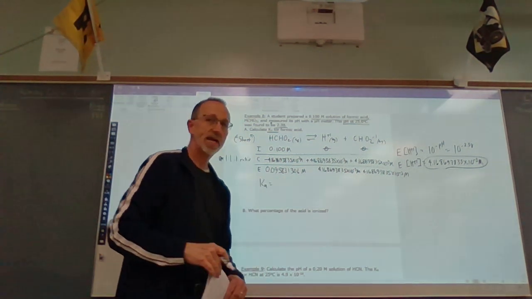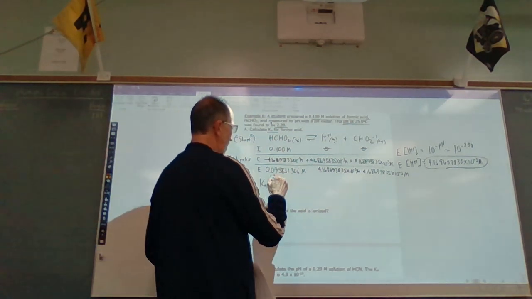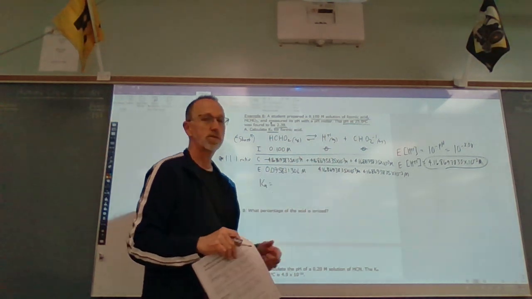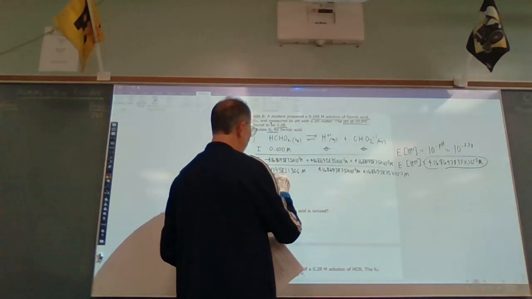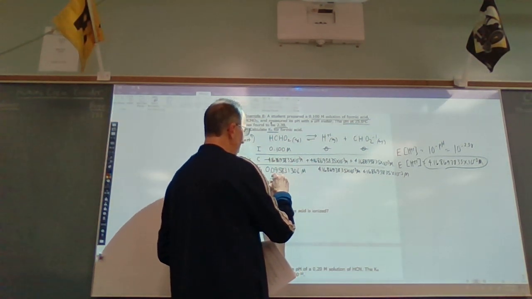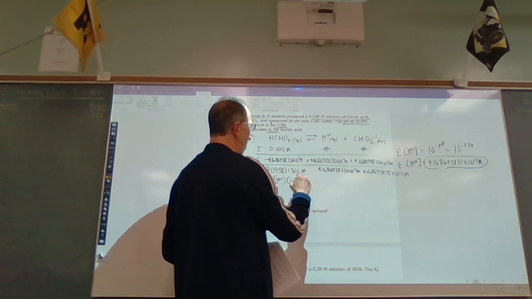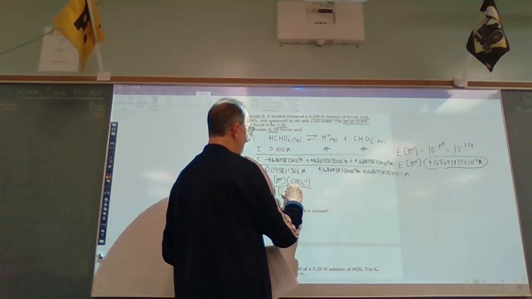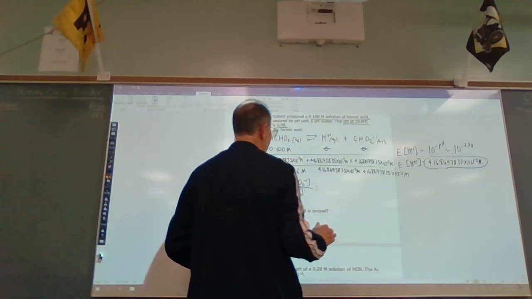So let's write our K expression. Ka would be equal to, like any other K, products over reactants. Since we're all in solution here, they all get used. So we have our hydrogen ion concentration times our formate ion concentration over our formic acid concentration.